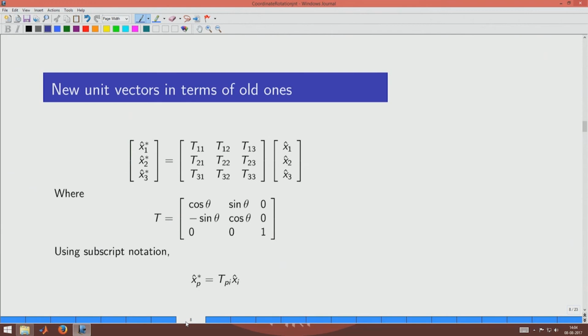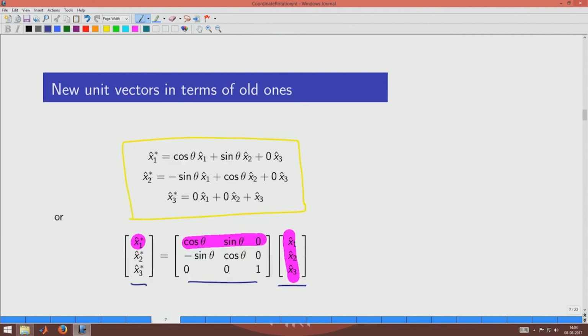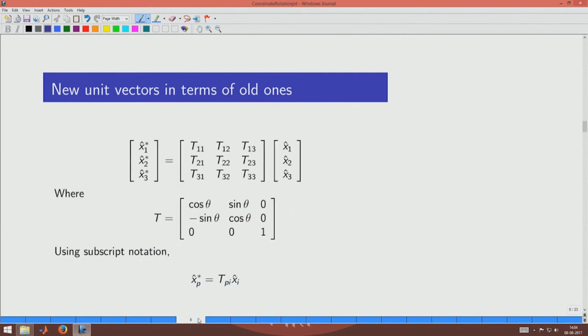We want to call each of those terms the elements of a matrix T. So, T11, T12, T13 are nothing but cos theta, sin theta and 0 respectively. We could then write this expression. We are now using the short form T, so that we represent that as a matrix. This matrix is nothing but the transformation matrix.